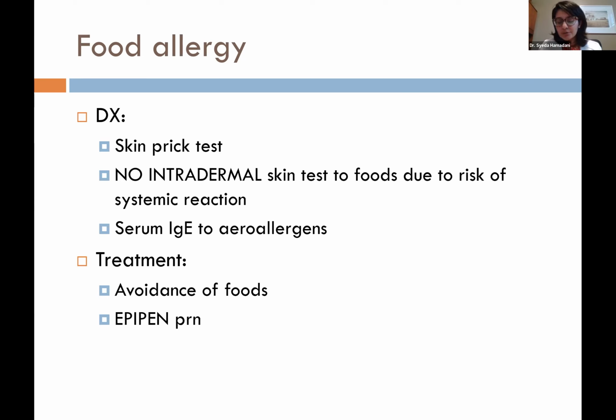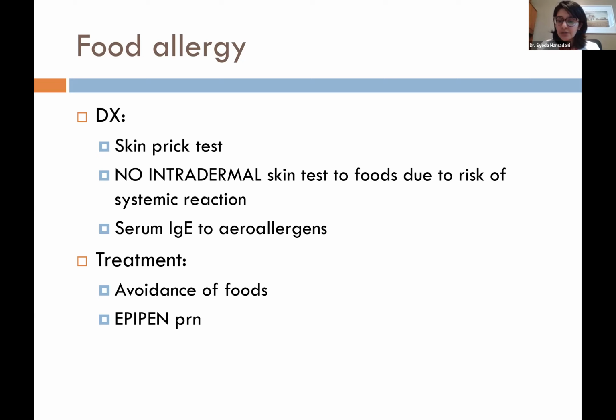We always prescribe EpiPens, and there's different companies that make epinephrine auto injectors. EpiPen is probably the most commonly known in the market, but there's generic versions of epinephrine. Auvi-Q makes it, but certainly they need to have epinephrine auto injectors of some kind, and always carry 2 with them at all times. It's very important we do a lot of teaching in terms of how to carry it, how to administer it, when to administer it.